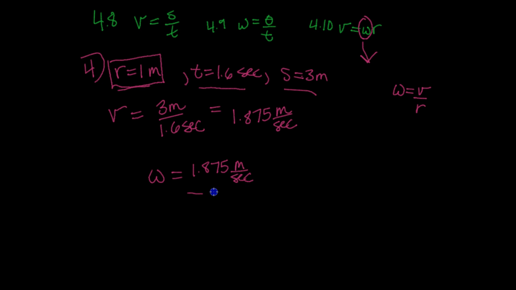So that's linear speed over the radius, which is 1 meter. And in this case, we have 1.875, meters cancel out. And you can just tack on the radians because you're dealing with angular speed per second. Just like you can taketh away, you can putteth in.